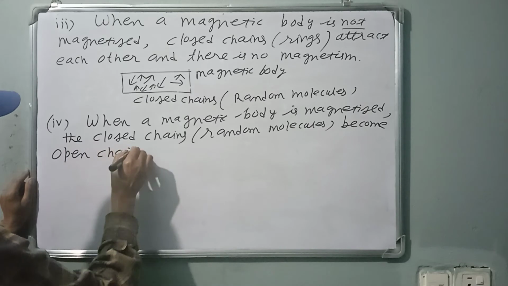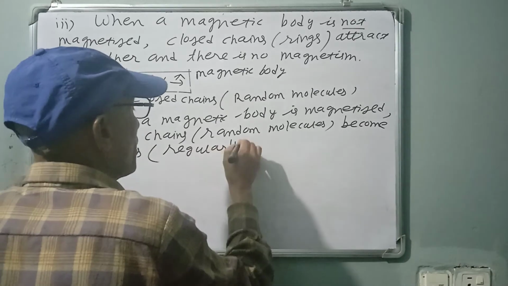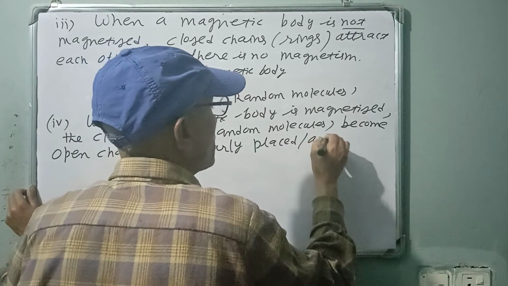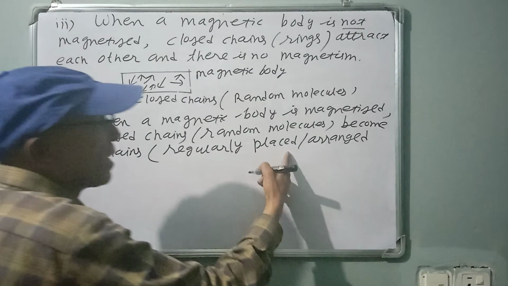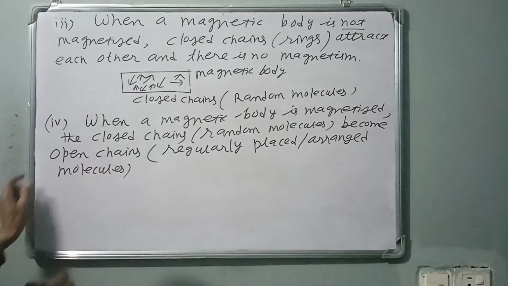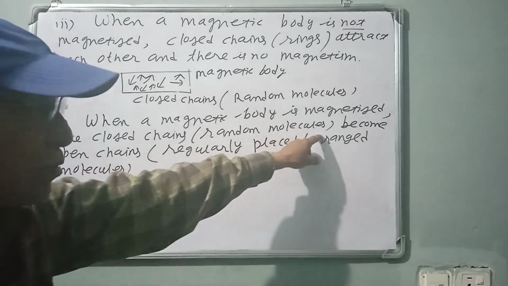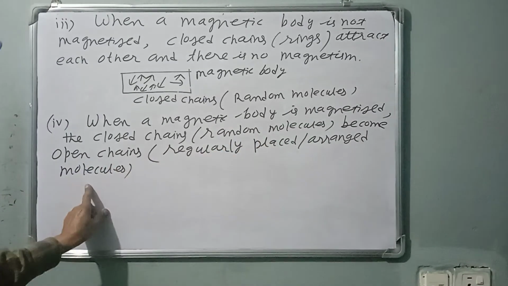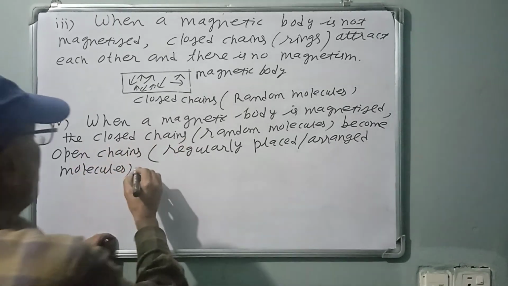Open chains means regularly placed or regularly arranged molecules. When a magnetic body is magnetized, the closed chains or random molecules become open chains or regularly arranged molecules. Closed chains become open chains.